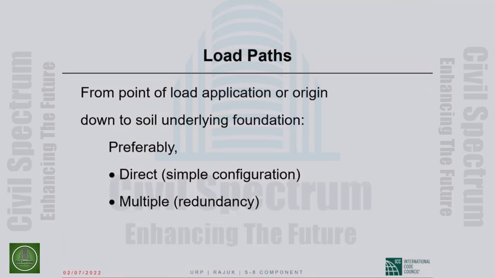We also very much like to have multiple load paths rather than just one, and that is the concept of redundancy. BNBC seismic provisions are, compared to ASCE 7, I don't want to say incomplete, but major topics are simply not covered. Redundancy is one of them.